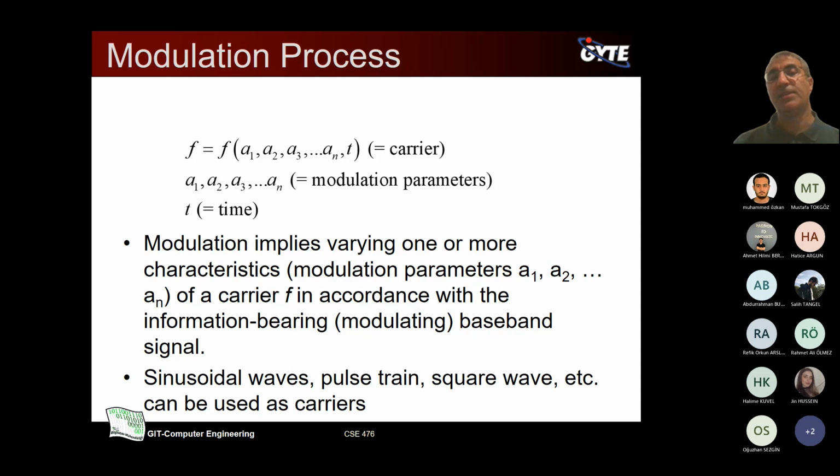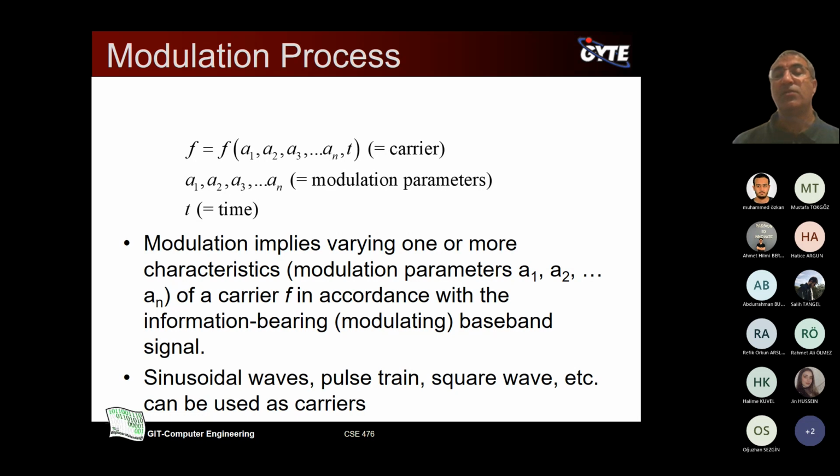After defining the modulation process, let's look at mathematically what modulation is. Modulation can be considered as a multi-parameter function, F equals f(a1, a2, up to an, and of course t). In this case, a1 up to an are modulation parameters, t is the time, and f is the carrier. So what is modulation?